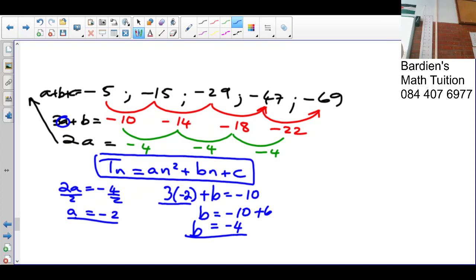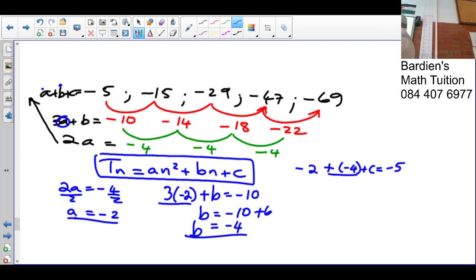Okay? So what do we do now? We got a, we got b, we just need to calculate c. That's all. So what do we have now? Negative 2 plus negative 4 plus c is equal to negative 5.